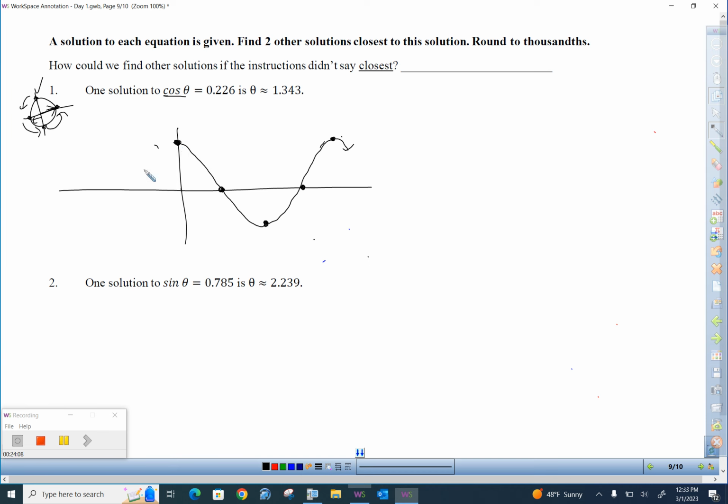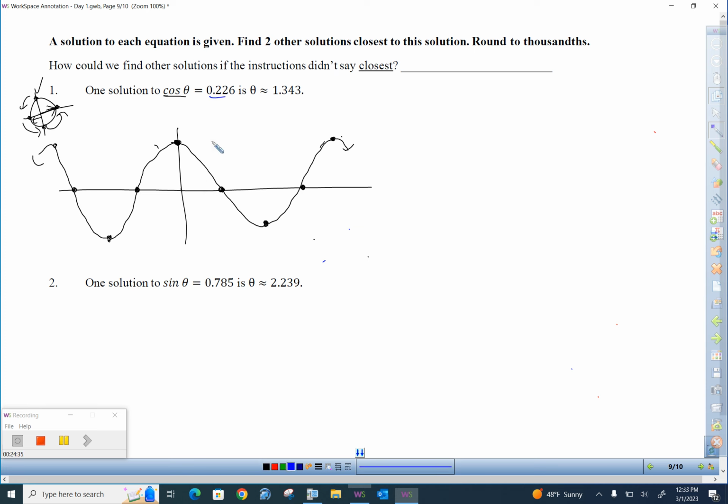And if it has to go down, it has to cross over the x-axis, so that's our next point. And it goes all the way down to -1. And then it has to come back up after that, so it has to cross the x-axis again, and then come back up to the maximum. And then connect it with a smooth curve. So there's cosine.